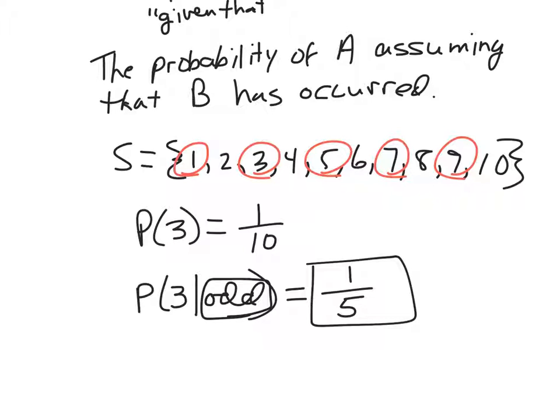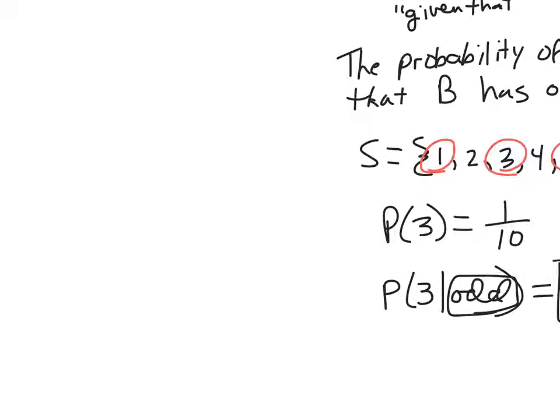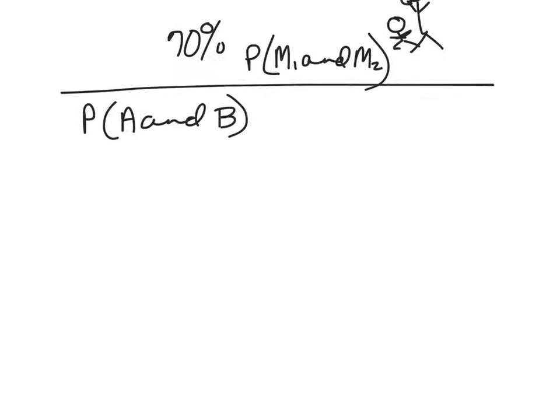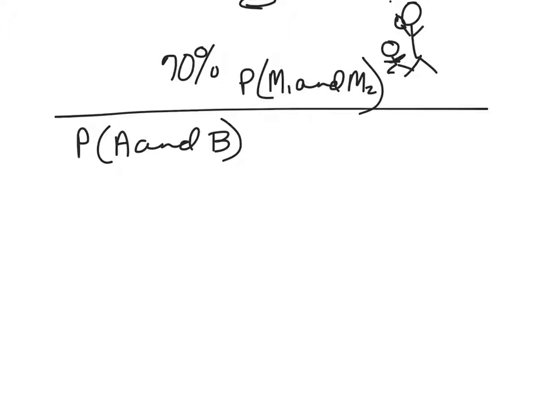Okay, now, so what does that have to do with this? The probability of A and B. Well, here's a formula that will allow you to find the probability of events A and B occurring in succession.